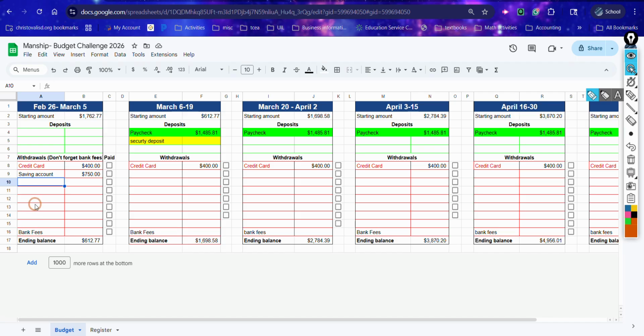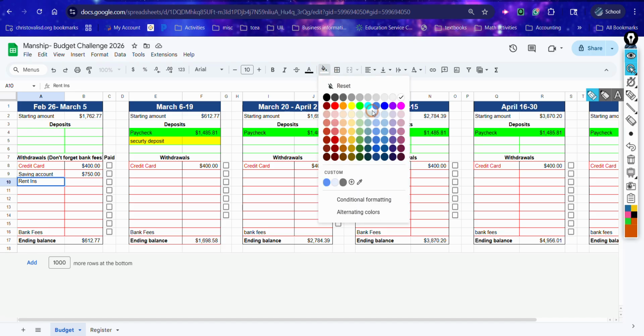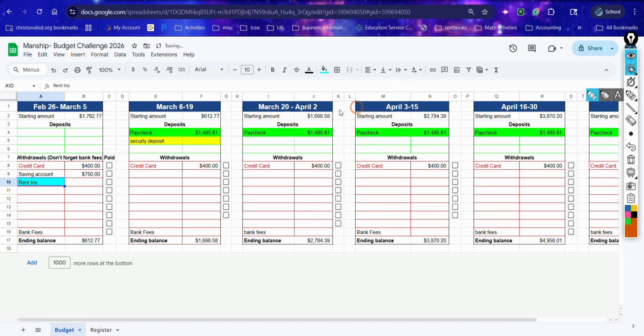So I've come back over to my chart and renter's insurance. And it's okay if you abbreviate as long as you know what the meaning of that number means. And so my renter's insurance was $250 because I chose the cash value plan.